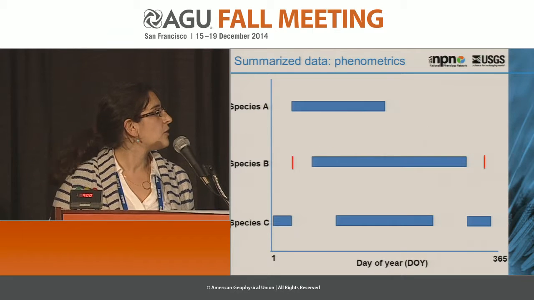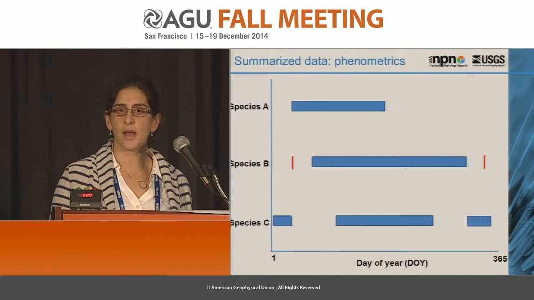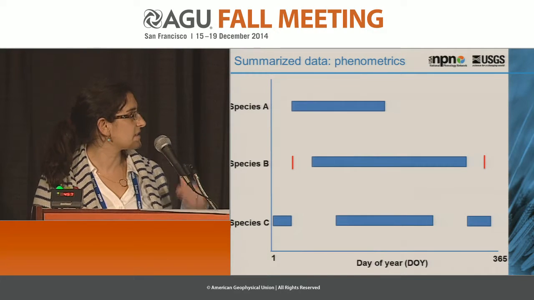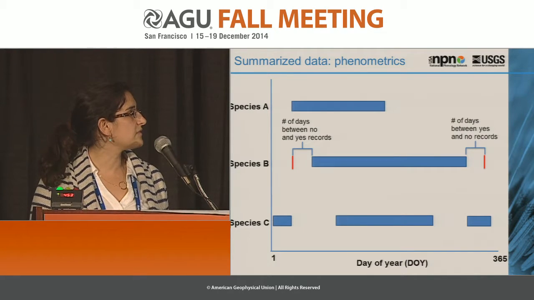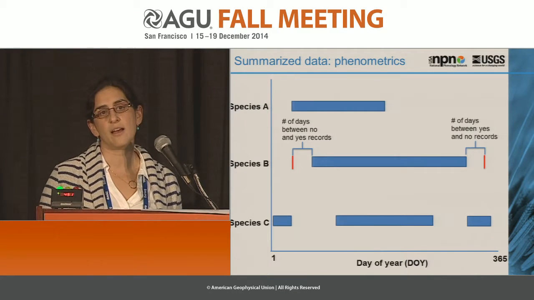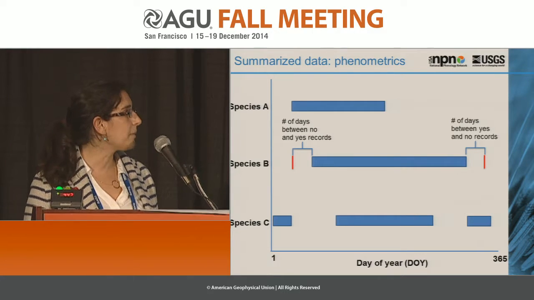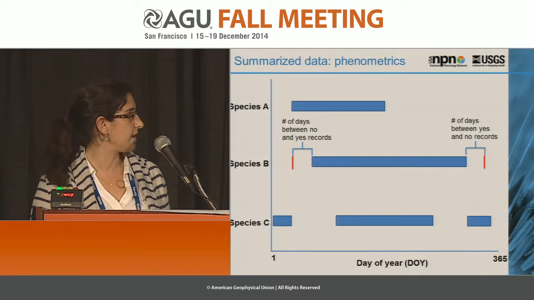In addition, we provide the information about when the last no observation happened before the series of yeses and the last no observation after the series of yeses. So the number of days between the no and yes records can allow data users to filter their summarized data and increase the certainty in which onset or end date occurred.